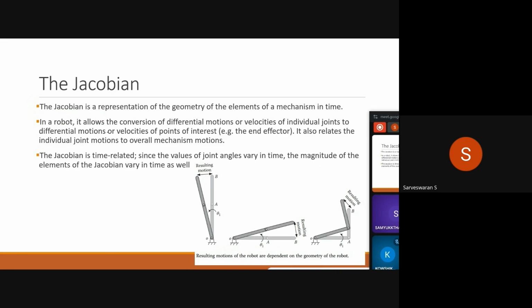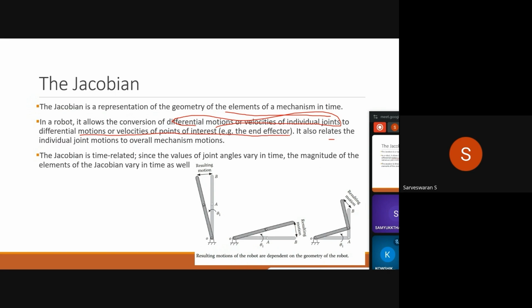And this is the meaning of the Jacobian. It is a representation of the geometry of elements of a mechanism in time. So it is time related. It relates the velocities of individual joints, that is the joint velocities, to the differential motion or velocities of the end effector.